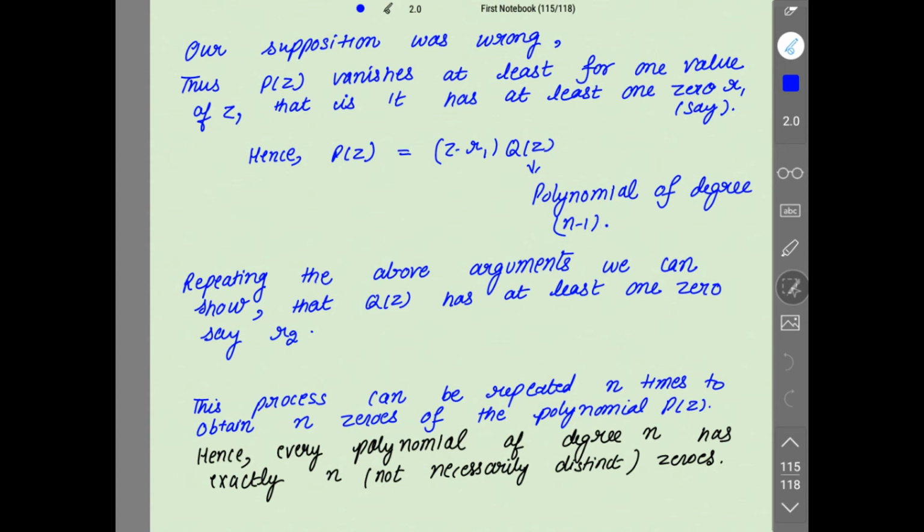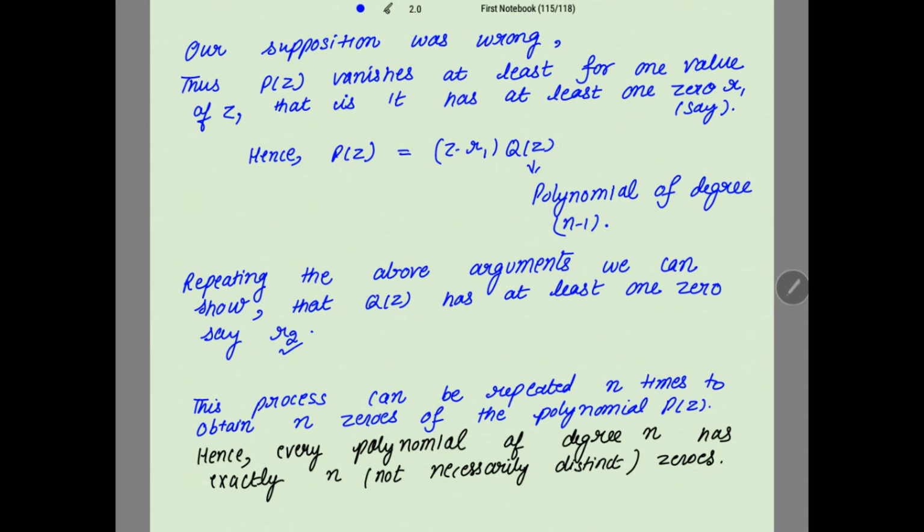Now repeating the above arguments, we can show that you take this q(z) to be the same as what we have taken for p(z). Take this polynomial with degree n minus 1, start the same proof, and you will get that this q(z) now has at least one root, say R2, right? And now q(z) will be a polynomial with degree n minus 2.